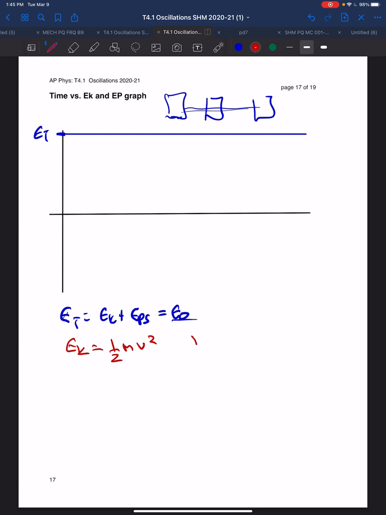But v, we said, is equal to minus v naught sine omega t, because at t = 0 the velocity is 0. At the beginning, the velocity is 0. It accelerates to a maximum, then goes to 0, and comes back to a maximum and back to 0.